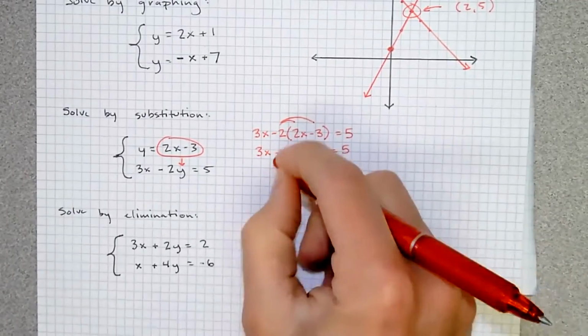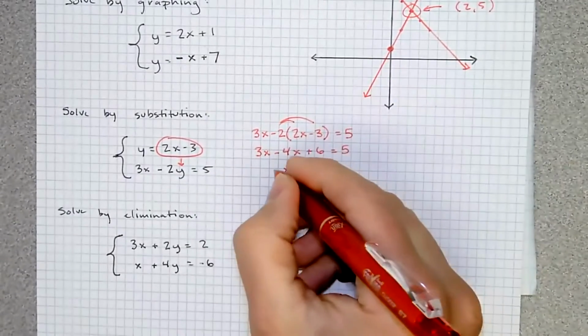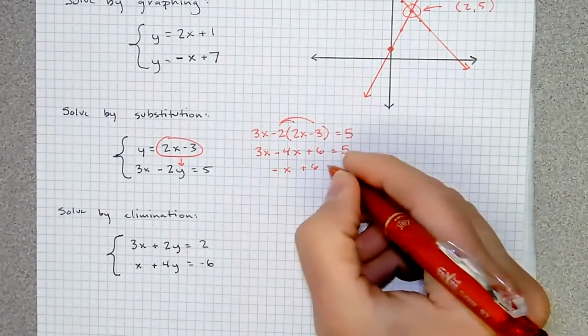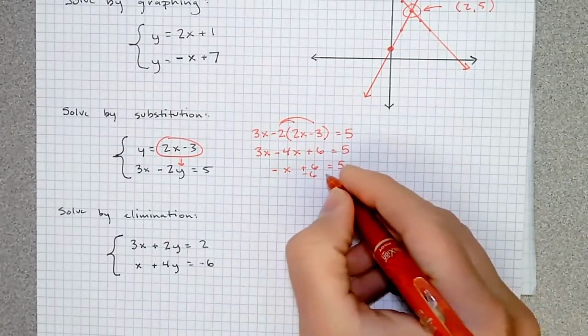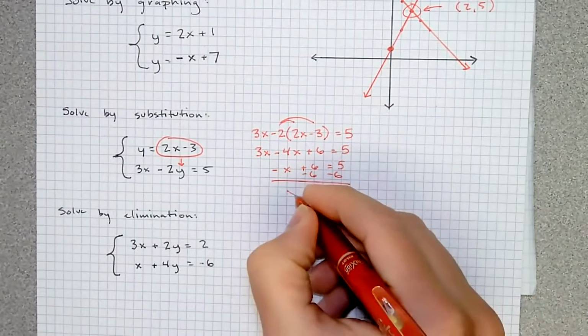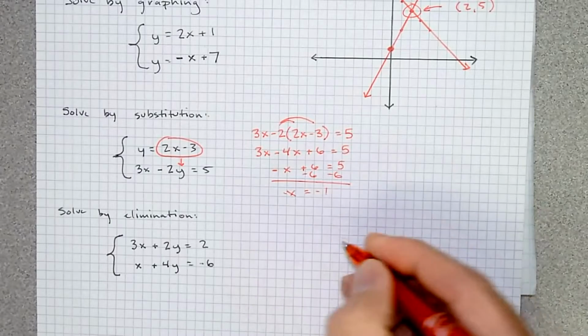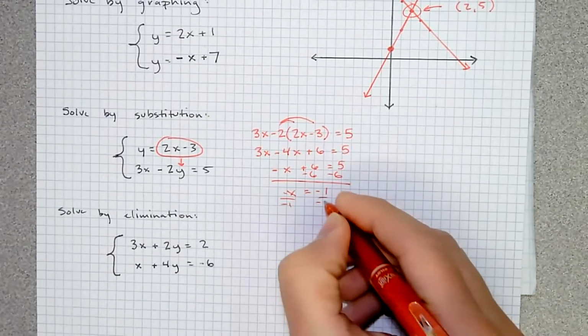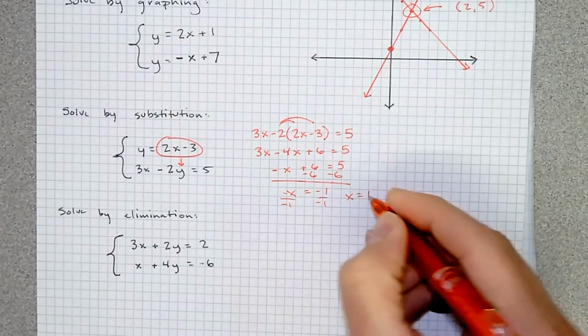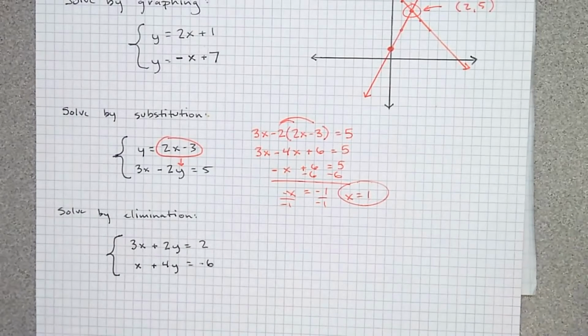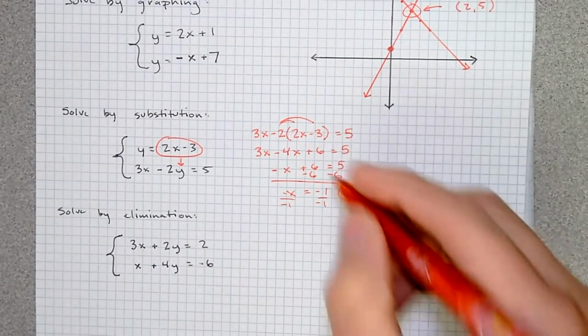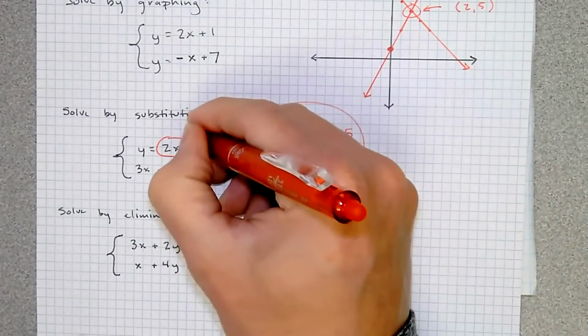So we get 3x minus 4x plus 6 equals 5. 3x minus 4x will give us a negative x. Subtract the 6 to the other side. X equals -1. So we got to divide by -1. We get an x value of 1. So we've done half the work. X is equal to 1.